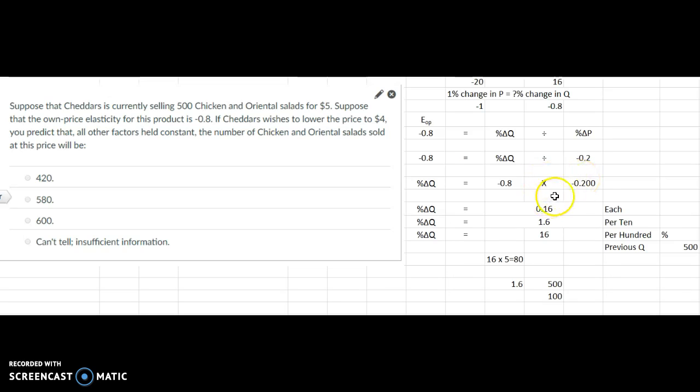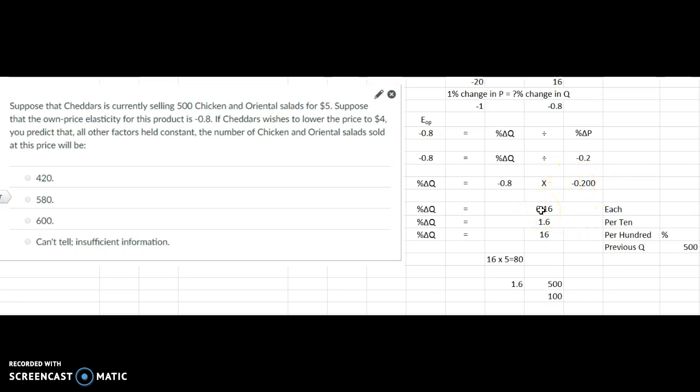So at this point, we say, okay, well, here we have 20%, and here we have 0.8, is it negative 0.8, negative 20%. So we say that our percent change in quantity is going to be equal to, and this is just a simple multiplication problem. We got negative 0.8 times negative 0.2. That comes up with 16.